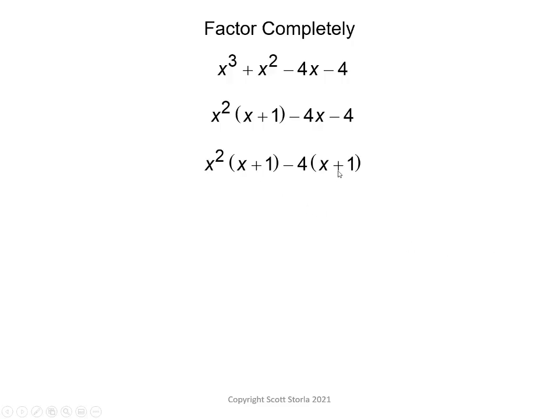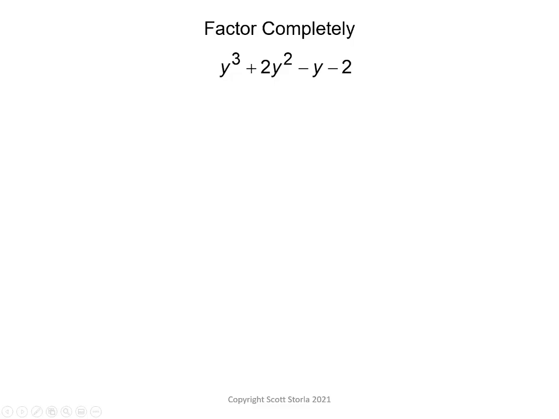I can factor out the greatest common factor of the quantity x plus 1. And now I notice that the first factor is prime, but the second isn't. This is still the difference of 2 squares, which I can factor to x minus 2 and x plus 2. And again, the order of these factors isn't important since multiplication is commutative.